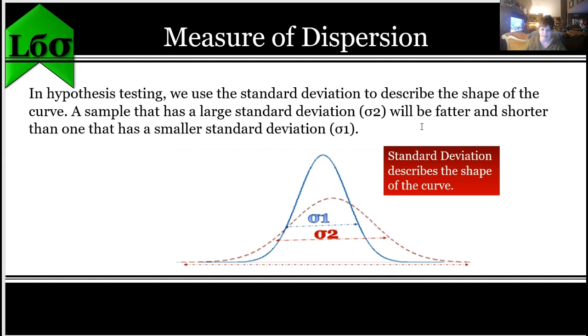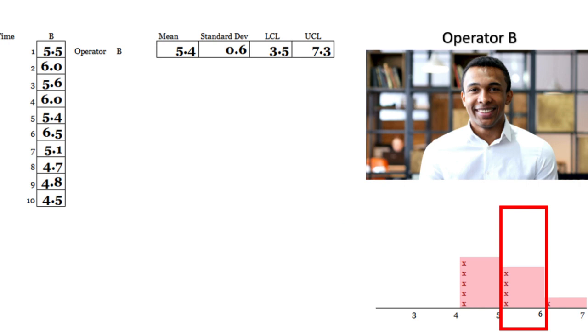So a sample that is fatter and shorter has a larger deviation than one that has a smaller deviation. So here we have the smaller deviation, okay? Q1 has a smaller deviation because operator B tends to do it at an average of 5 minutes, either 5.5 minutes or 6.5 minutes.